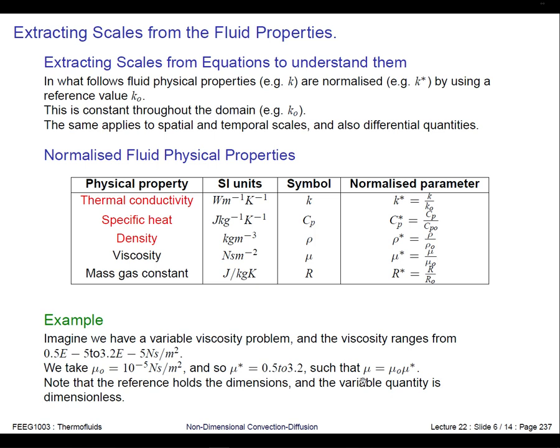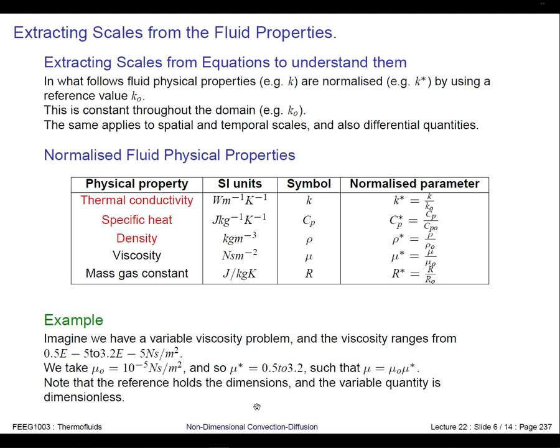And we can always recover the real variable by taking our reference scale and multiplying it by the variability. Okay, so this mu reference, this is constant, doesn't vary in the domain, and this mu star is how the variable varies relative to this, and we can recover the real viscosity using this equation.